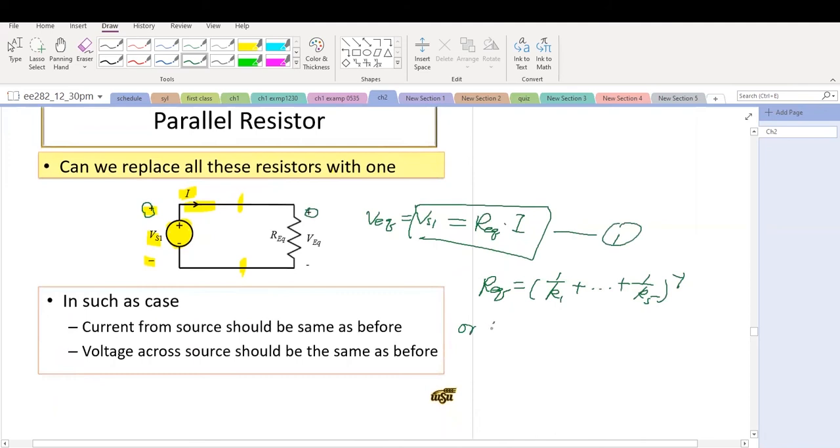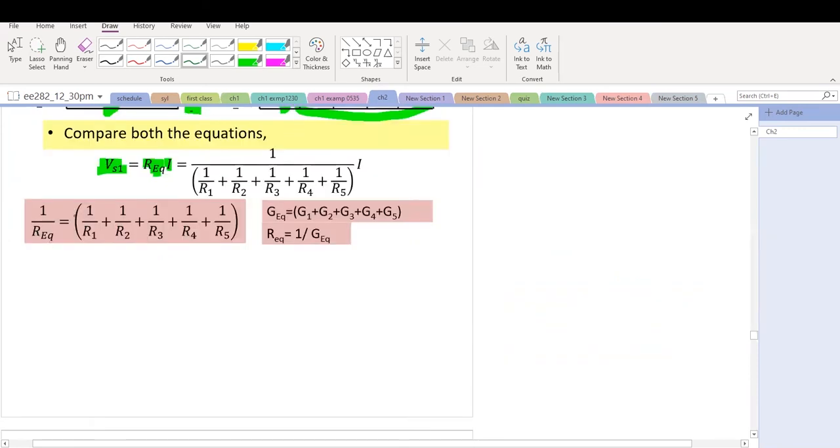Or we can have this relationship: I take this, move it to this side, and REQ to the other side; basically, you take the reciprocal on both sides. So 1 over REQ equals 1 over R1 plus all of this until 1 over R5.